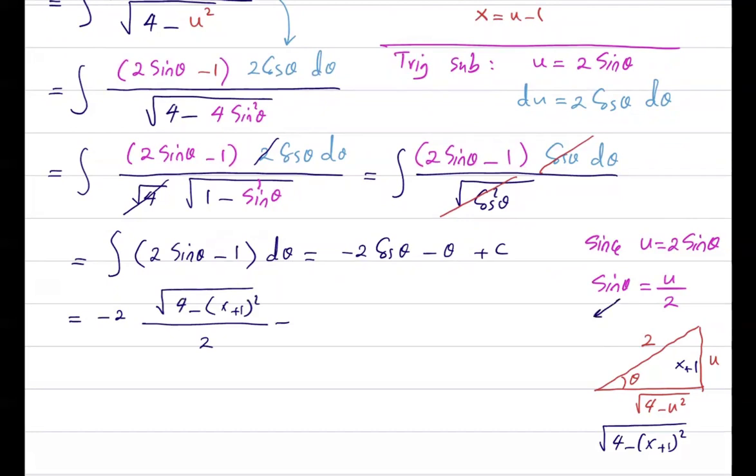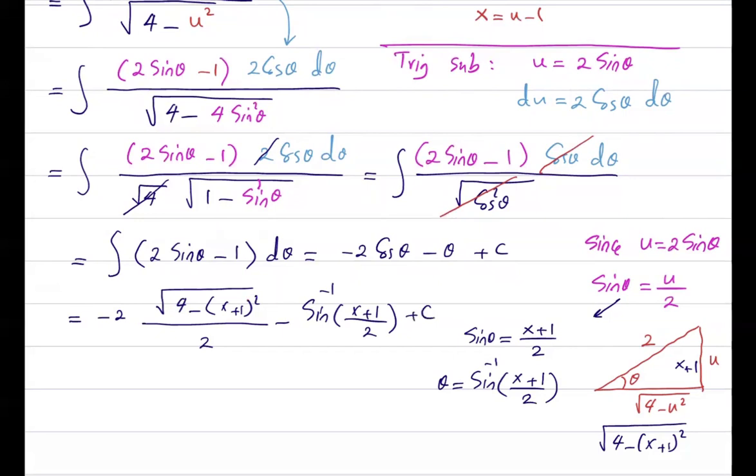From this step, since sine theta is equal to x plus 1 divided by 2, theta can be written as the inverse sine of x plus 1 over 2. So we get minus inverse sine of x plus 1 divided by 2 plus the constant of integration.